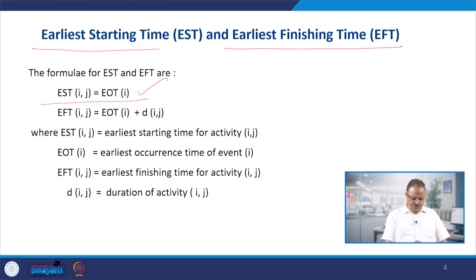So finally, with the help of these two models, EST IJ is equal to EOT I and EFT IJ is equal to EOT I plus duration of IJ, you can easily calculate the earliest starting time and the earliest finishing time for the different events and activities.